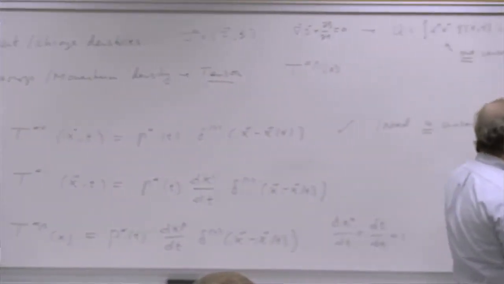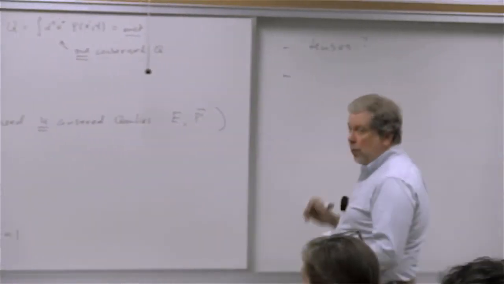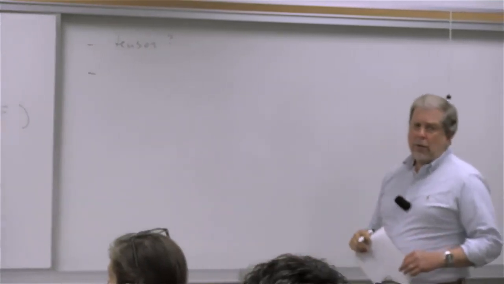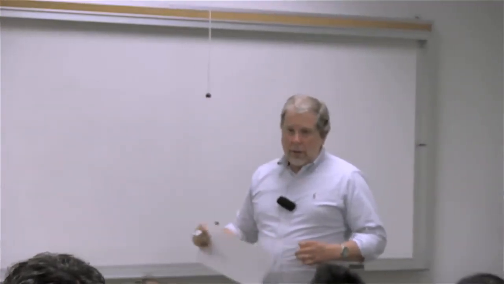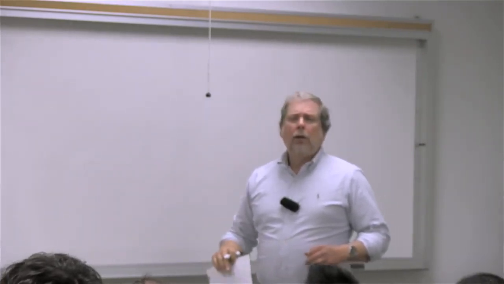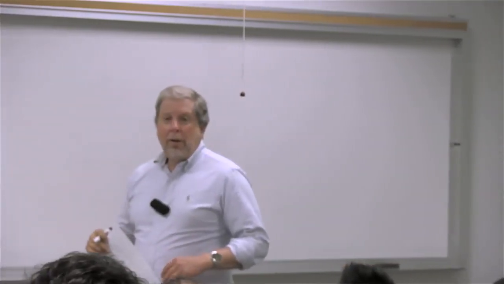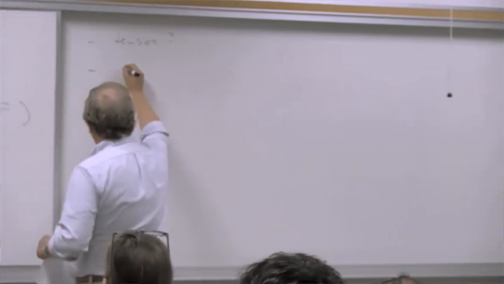And so we have to answer that question. And the second question we want to ask, which is again analogous to what we did in the case of electromagnetism, is it conserved?